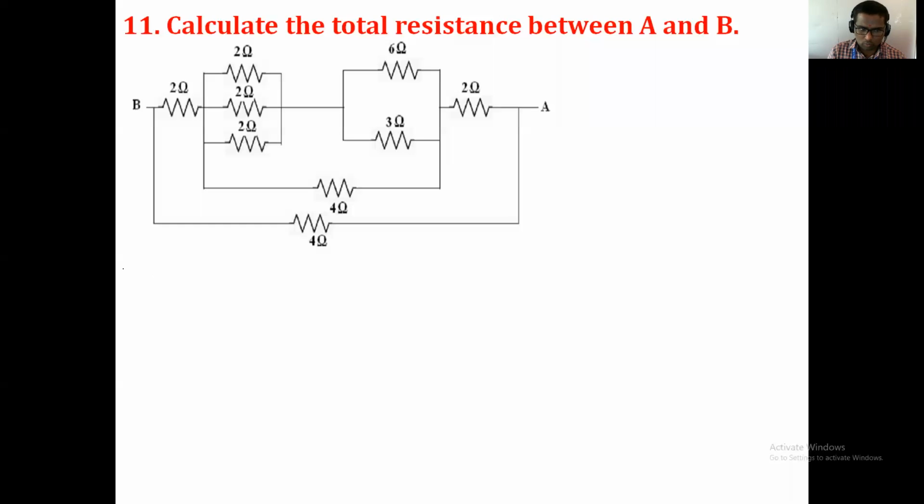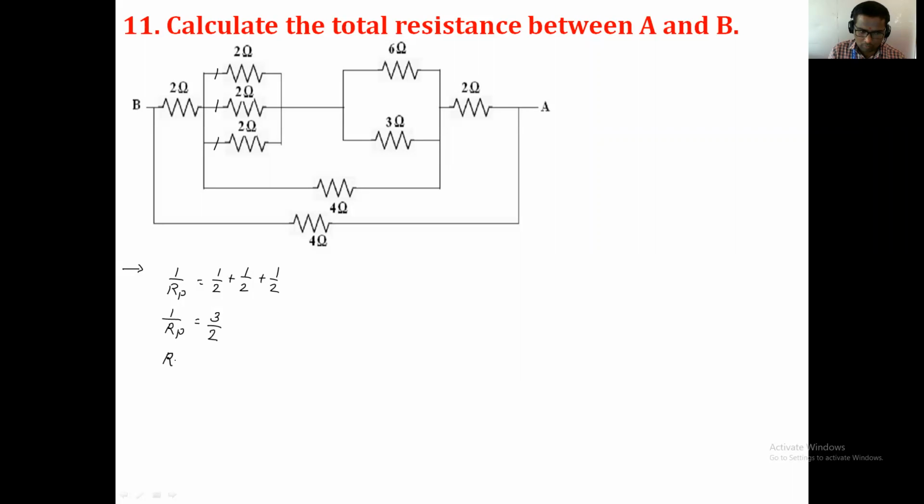Now let me try to solve this here. I consider that these two and these two are connected in parallel. So 1 upon Rp is equal to 1 upon 2 plus 1 upon 2 plus 1 upon 2. Here the denominator is the same, so 1 upon Rp is equal to 3 divided by 2.